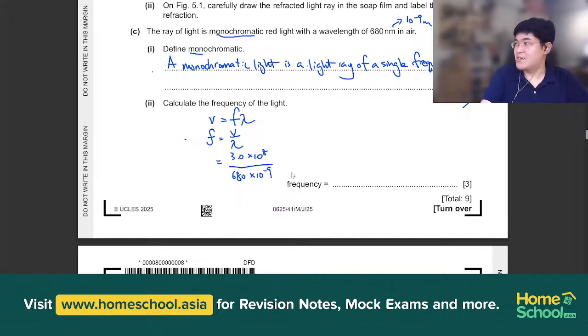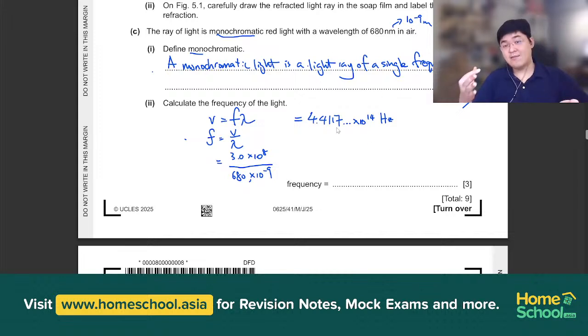Okay, this is our working. Let's plug this into a calculator and you should get, okay, 4.4117 yada yada yada times 10 to the power of 14 hertz, right? Hertz is the unit for frequency, okay?